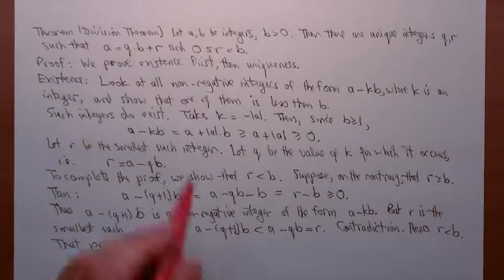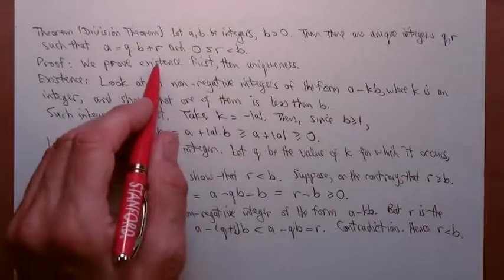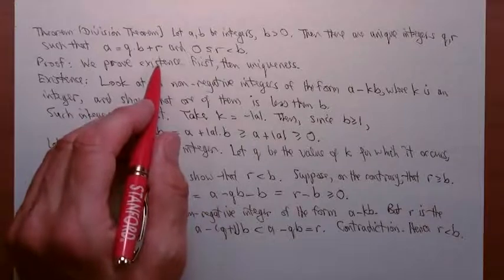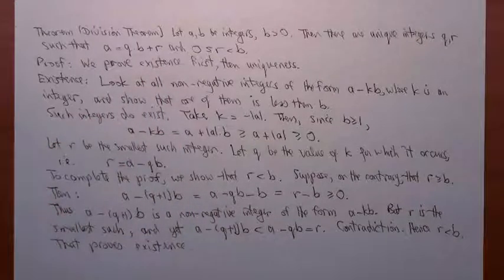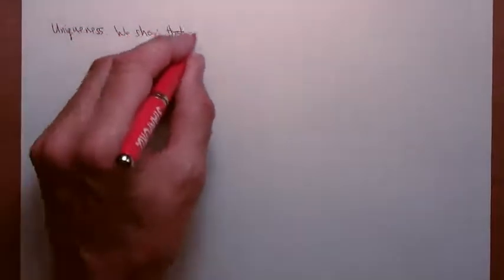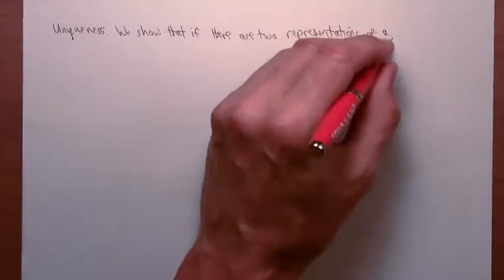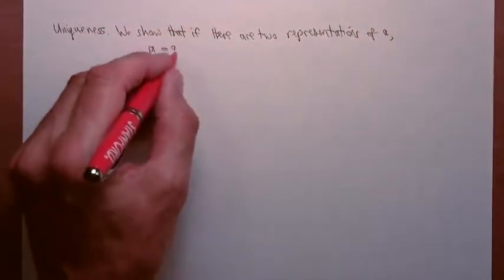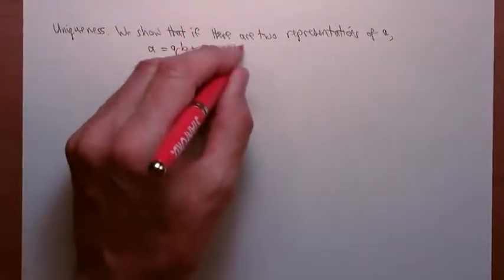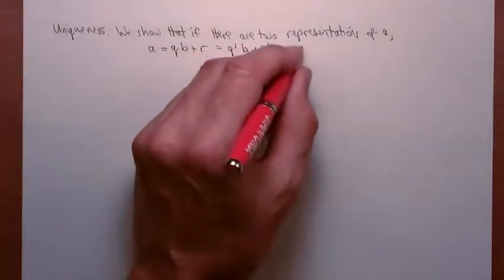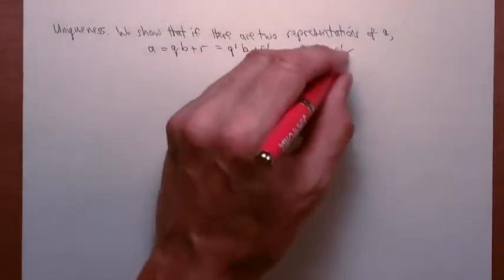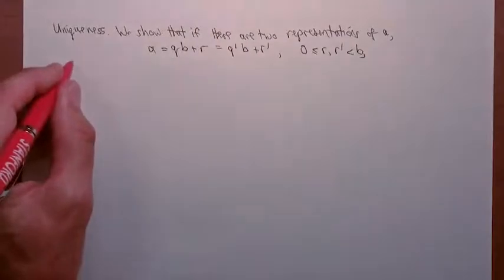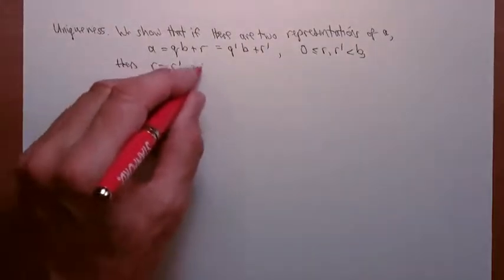Okay, well, that proves existence. Then we need to turn to uniqueness. To prove uniqueness, we show that if there are two representations, a equals qb plus r and a equals q prime b plus r prime, with 0 less than or equal to r and r prime less than b, then r equals r prime and q equals q prime.